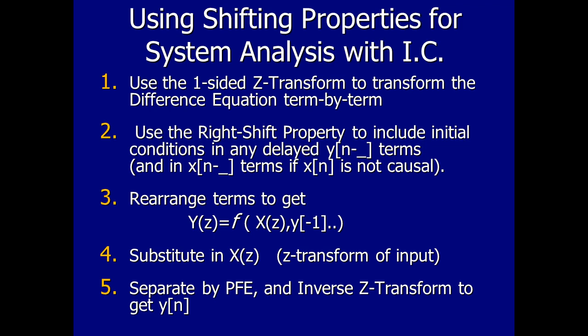Let's go up here. As z over z minus 1 for x of z plus 1/2 y of minus 1, and over 1 minus 1/2 z to the minus 1.